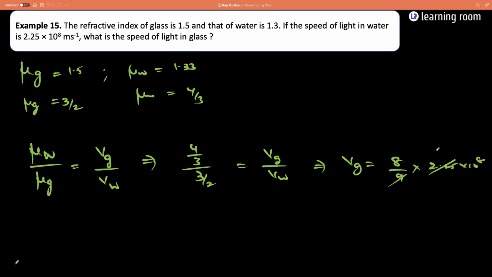So 0.25 is 1 by 4. So 2 into 10 power 8 meters per second should be the answer.